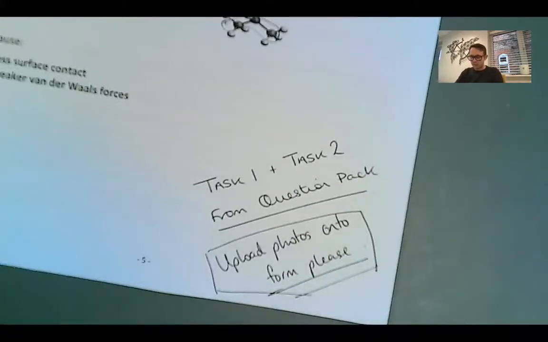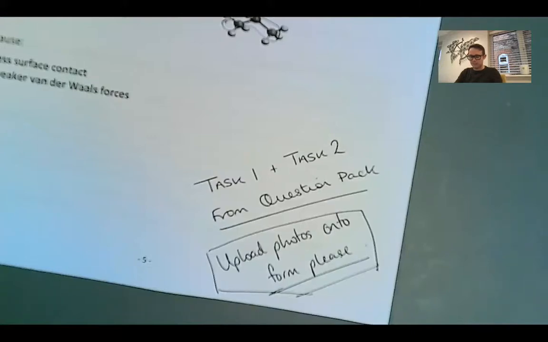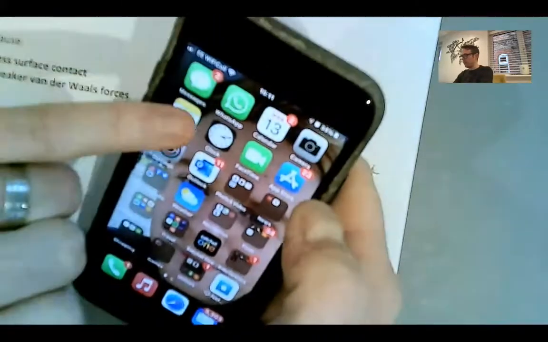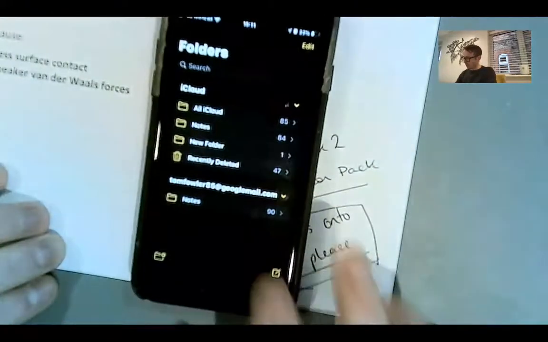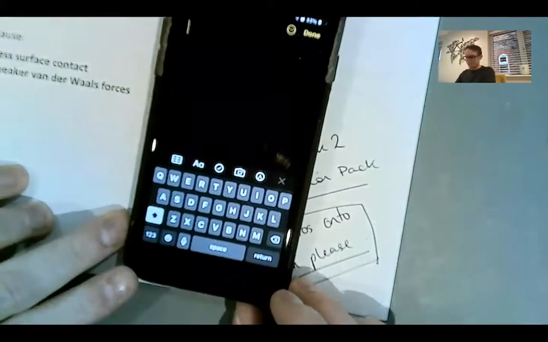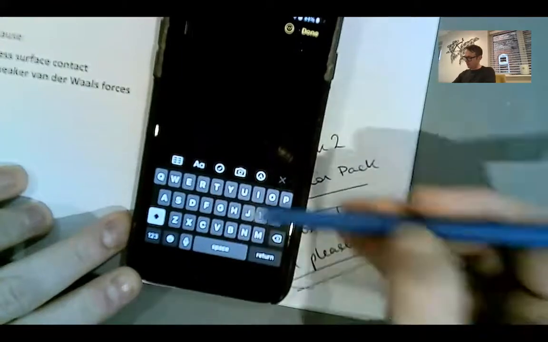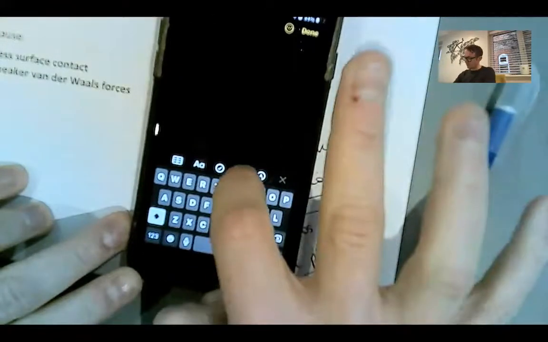Now, this is iPhone specific, only because I have an iPhone, but I'd imagine lots of you will have different smartphones which have this capability. On your iPhone, go on Notes, and when you're creating a new note, you can go on this button here, the one which is just a picture of a camera.